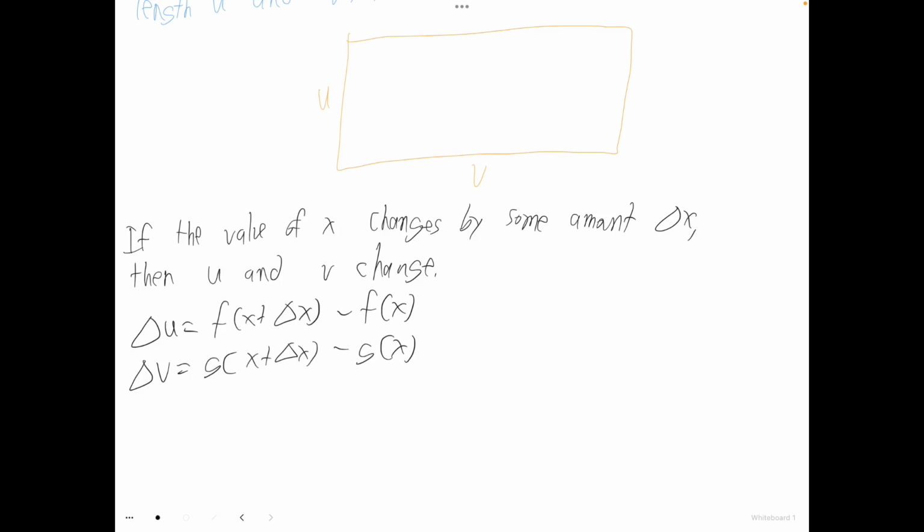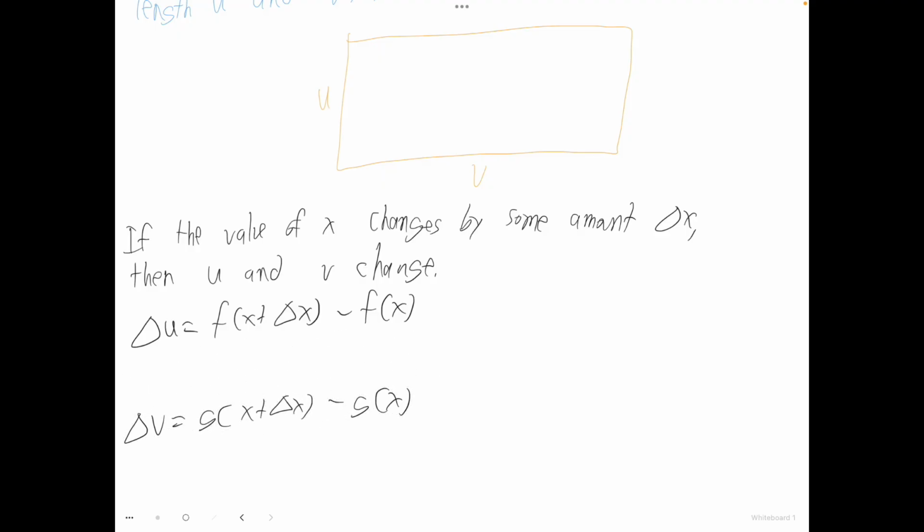So in each of these cases, we're taking the new value minus the old value. This is the new value of u minus the old value, and that's true in both of these.